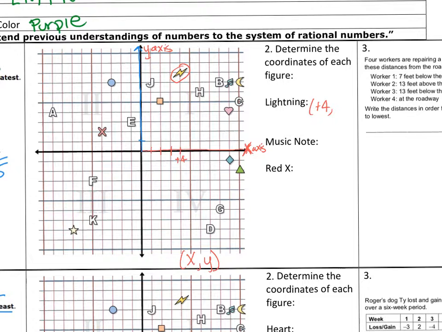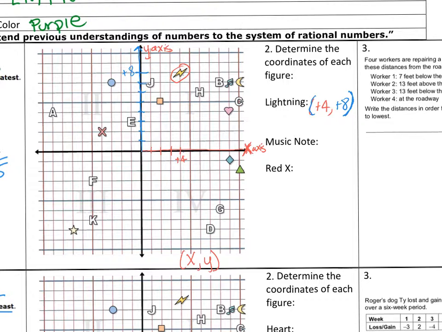So we count positive 1, 2, 3, 4, 5, 6, 7, 8. So we know that the lightning is at (positive 4, positive 8). And remember, a coordinate is always written with parentheses and a comma.